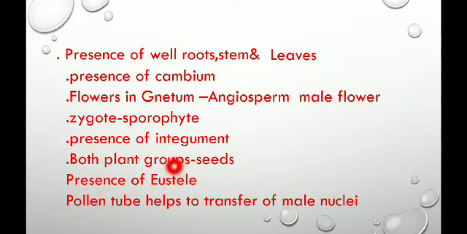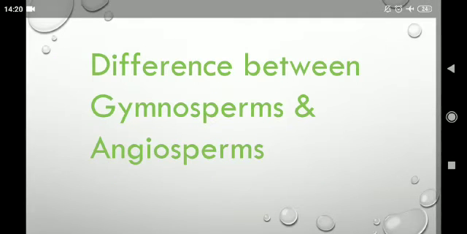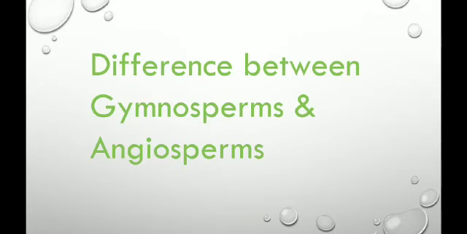Eustele is a type of stele present in the stem of both plant groups. The pollen tube helps in the transfer of male nuclei; it is a tube-like structure responsible for transferring the male nucleus to the ovule.